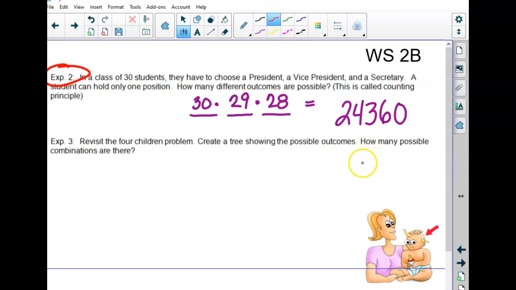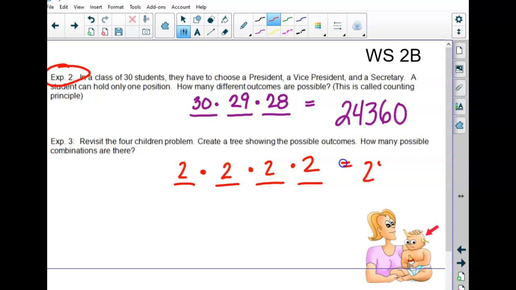This is a good moment though. Without looking back, can you remember how we figured out how many possibilities there were? It was a gender question. The first kid is either a boy or a girl. The second kid is either a boy or a girl, boy or girl, boy or girl.